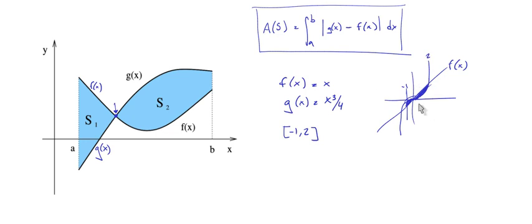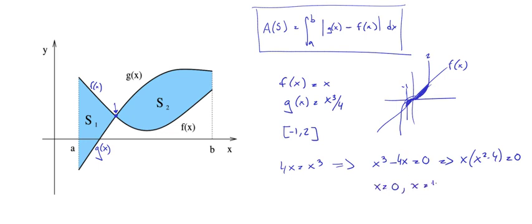How do I know this? Let's see where these two functions are equal: where is x equal to x cubed over 4, or 4x equal to x cubed. This is equivalent to x cubed minus 4x equals 0, which is equivalent to x times x squared minus 4 equals 0. The solutions are x equal to 0 and x equal to plus or minus 2. These are the 3 points of intersection.